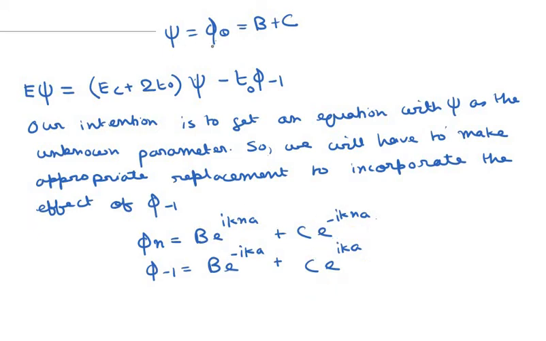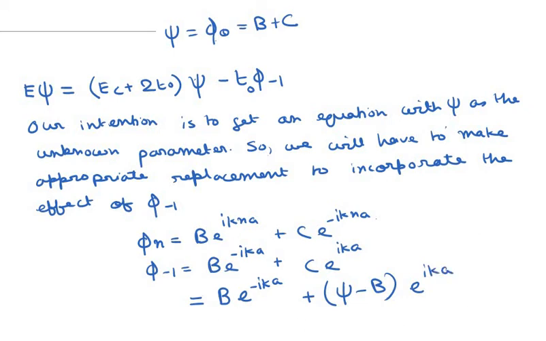So we see that this wave function psi is equal to b plus c over here. So what we do is we replace this c by psi minus b from this equation. So b e to the power minus i k a plus (psi minus b) e to the power i k a.